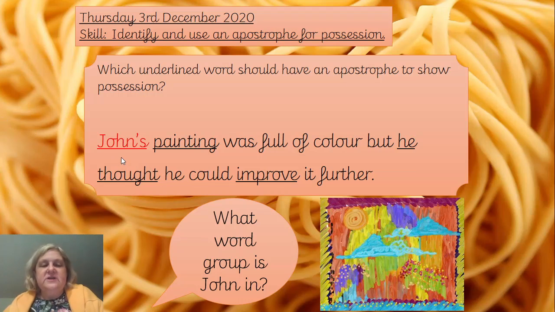John is also a noun, but it's a proper noun, and proper nouns have something special at the beginning of their words. Another proper noun could be the place that you live or your country. And John is a proper noun because it starts with a capital letter. That's the way that you can tell proper nouns.